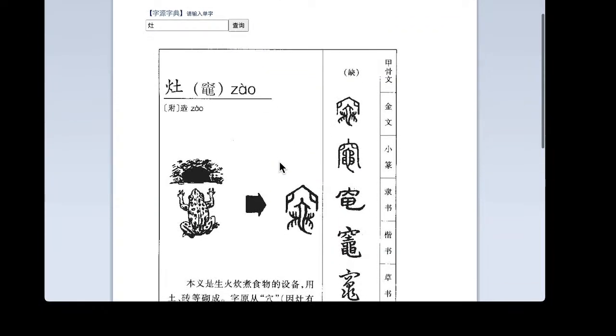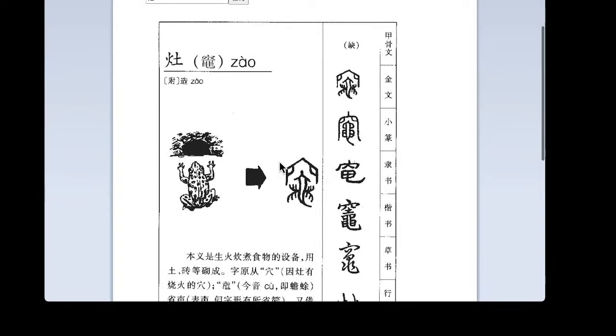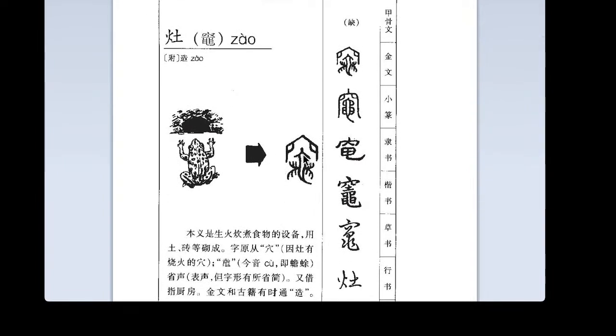So this one, if you look at the ancient character, you can see that they draw a house, a shelter on the top, right? And then they draw a picture, a 醋.